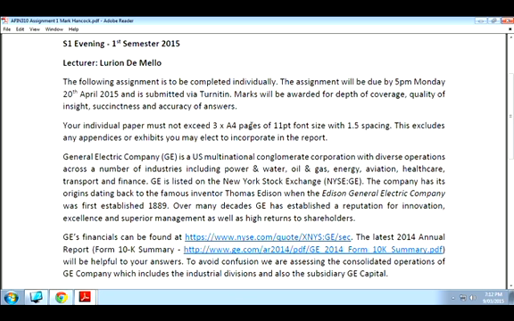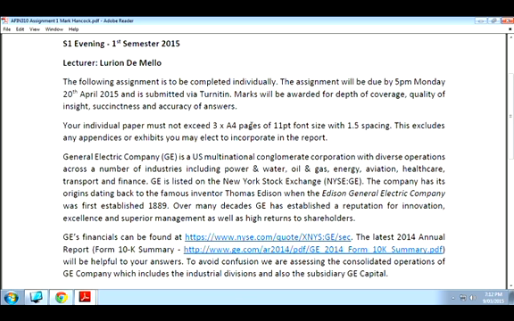We're going to be marking the paper on the depth of coverage, quality of insight, succinctness and accuracy of your answers. So your individual paper must not exceed 3 A4 pages with 11-point font size and 1.5 spacing. You can include appendices if you like.